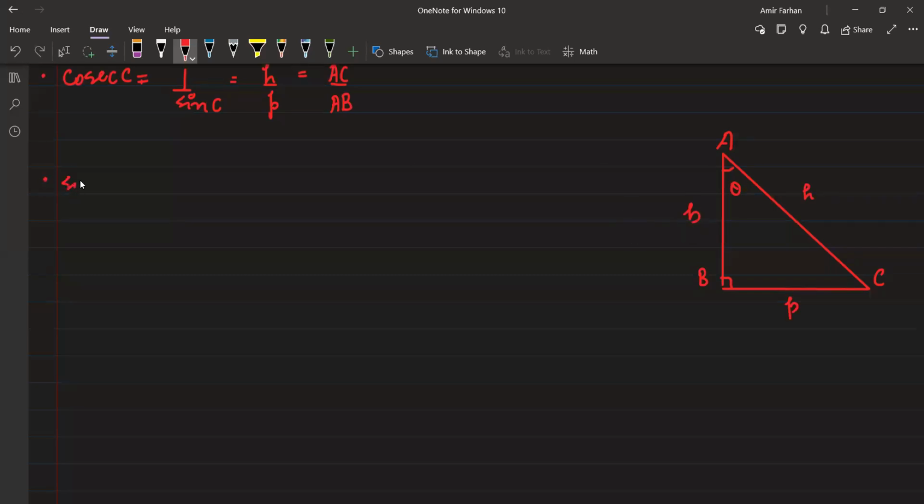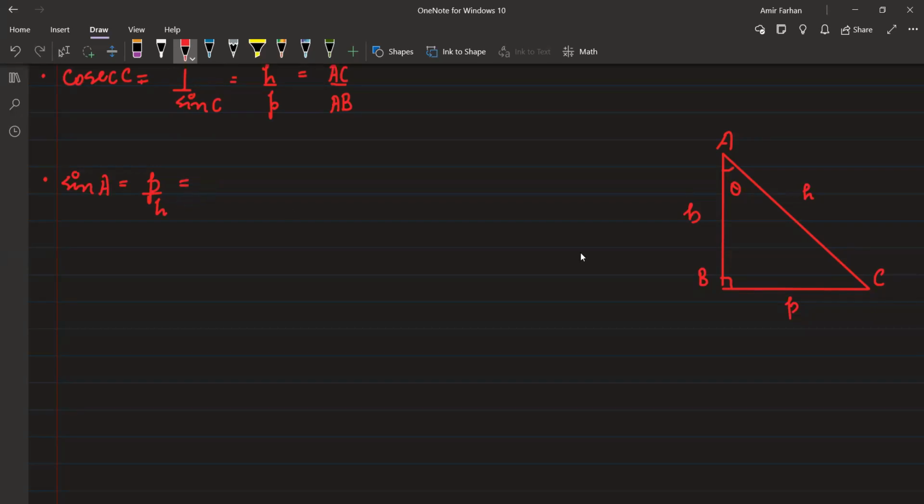Let's take sine A, which is equal to perpendicular upon hypotenuse. What is the perpendicular in this case? AB?